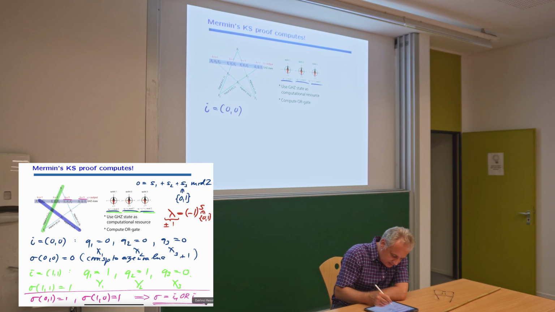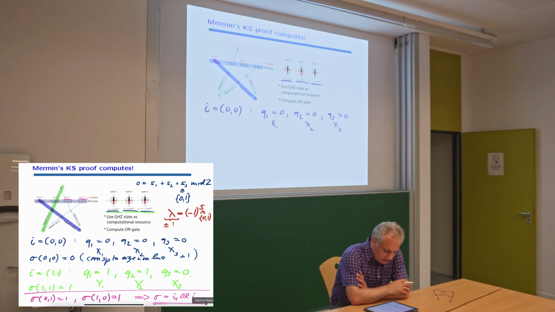So this means Q1 is 0, Q2 is 0, Q3 is 0. So this means X1 is measured, X2 is measured, X3 is measured. So this means we are in this context here.